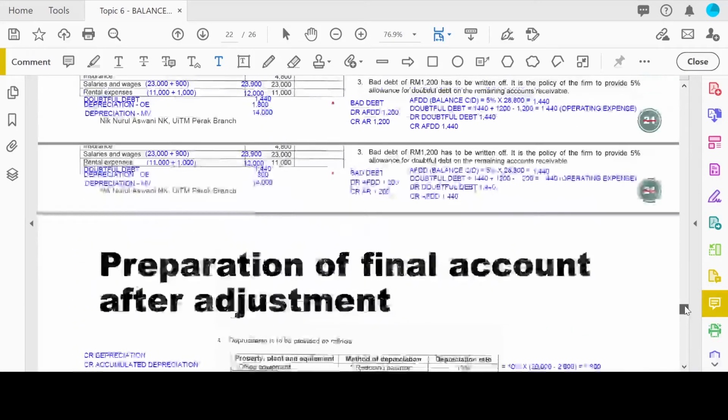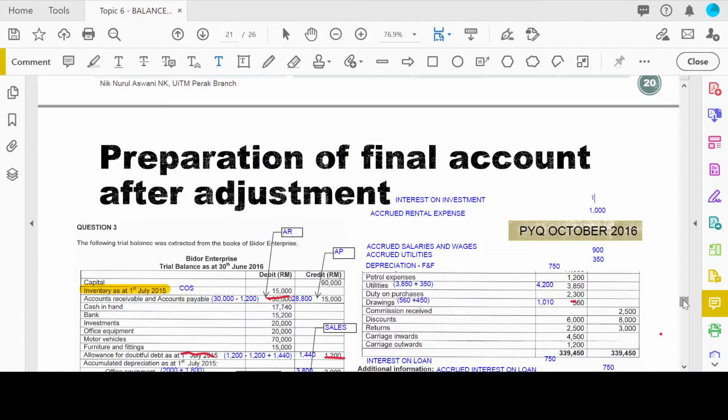But at the same time, you have to recognize also interest on investment not yet received. I'm using a short form because I don't have much space here. Of how much? 1,200, so to debit, right? 1,200.